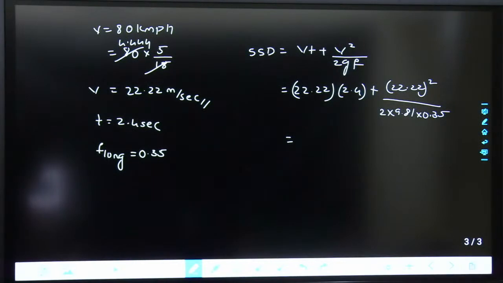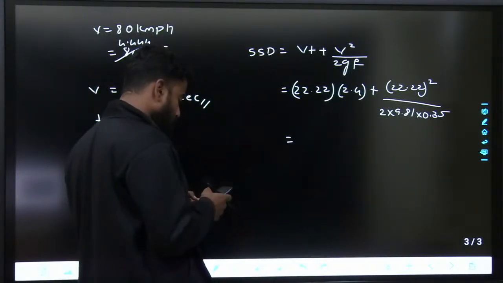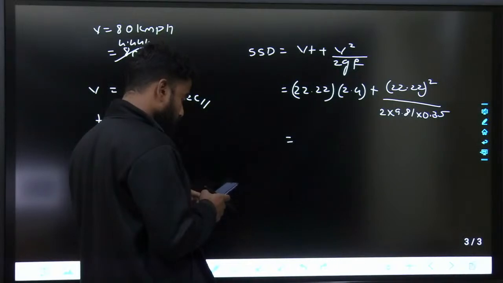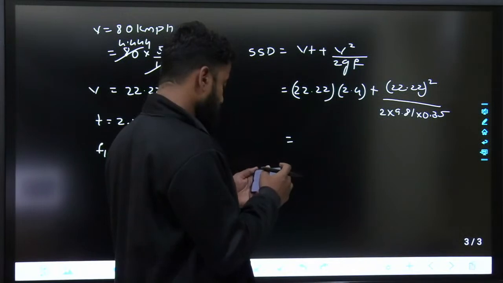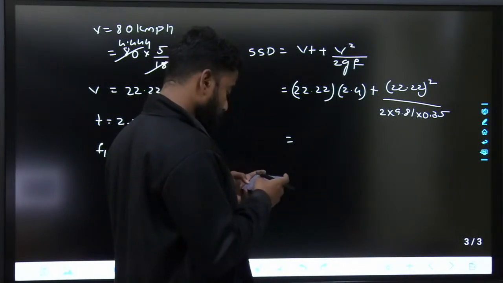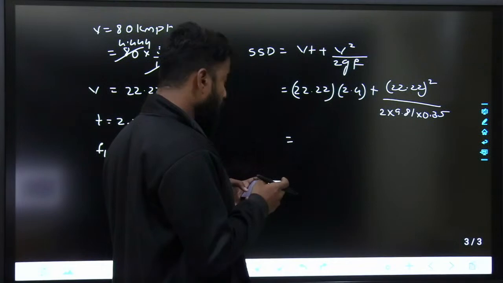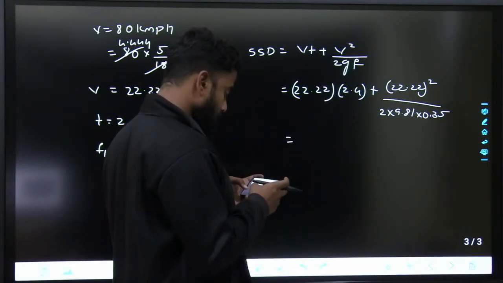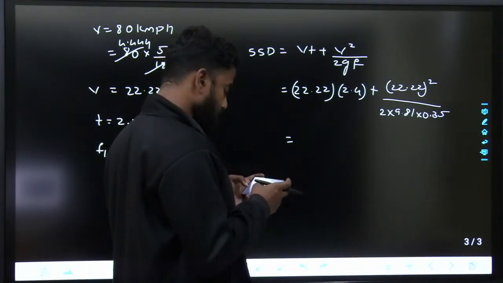SSD you got as 125.22 meters. Your friend is saying it is 125.22 meters. 22.22 multiplied with 2.4 plus 22.22 square divided by 2 multiplied with 9.81 multiplied with 0.35.